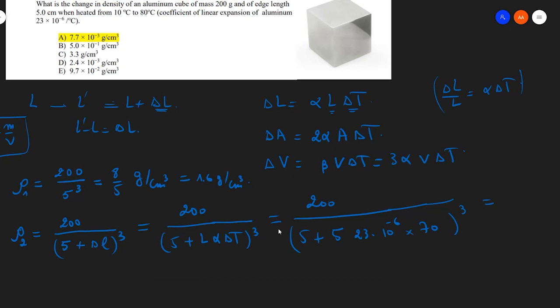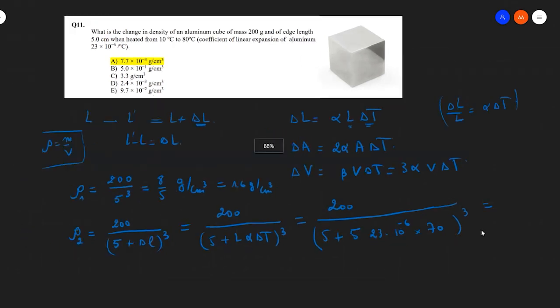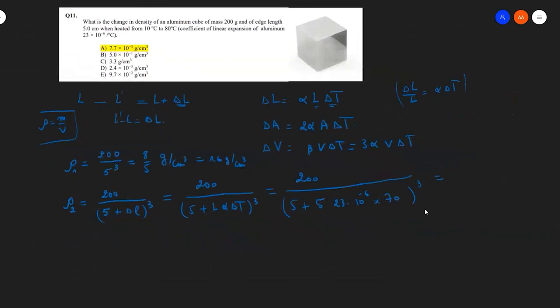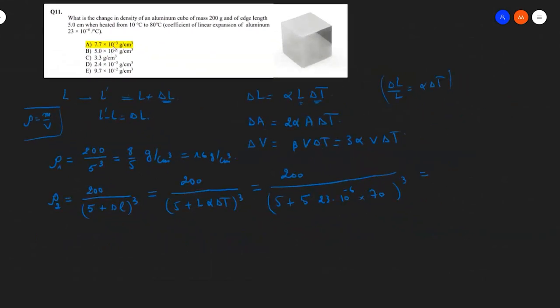So here, if you use this way, you arrive until here and you keep all the digits, the result will be fine. Why I'm saying this? Because as you see, all the changes in this chapter are very small. They are of the order of 10 minus 3, 10 minus 4. Because you see, the coefficient is 10 minus 6.